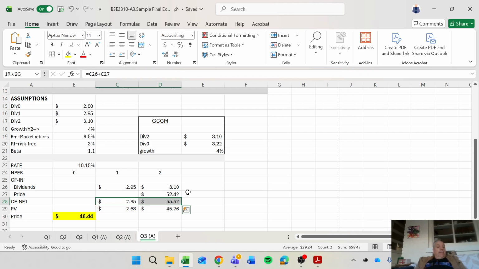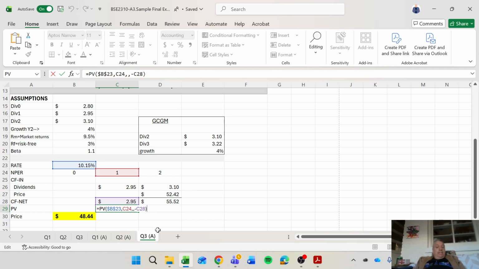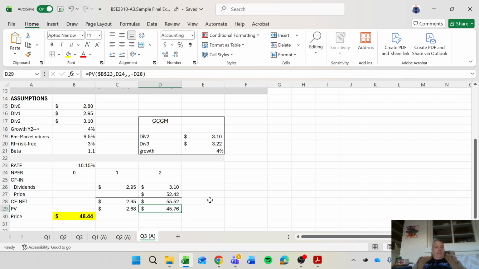Once we have our cash flows net all plotted out on the timeline, the next step then is, of course, to calculate using that 10.15% for 1 period away, the $2.95 expected dividend we'd be willing to give up to $2.68 for today.